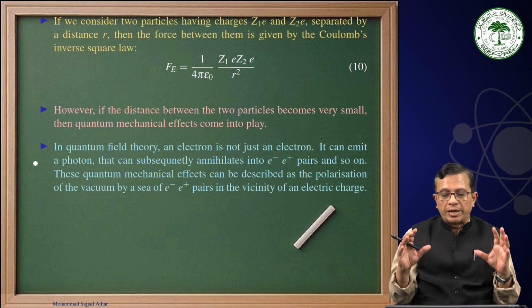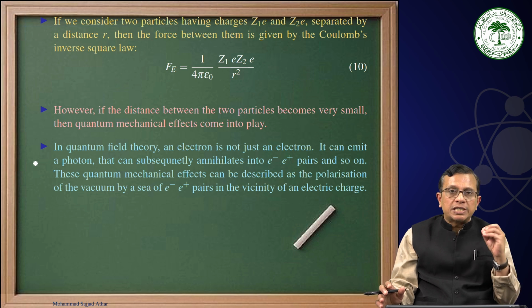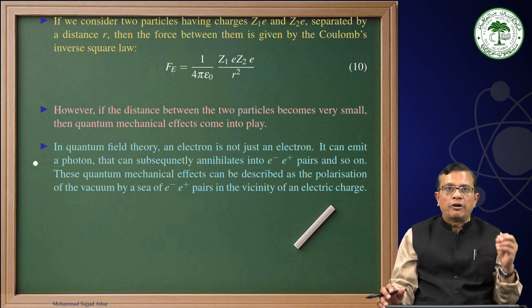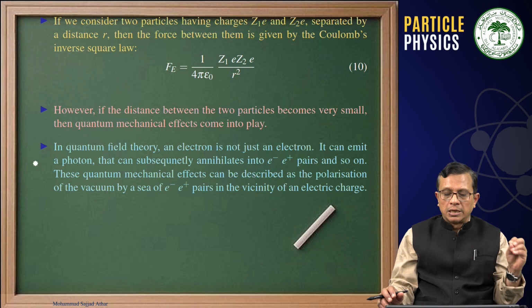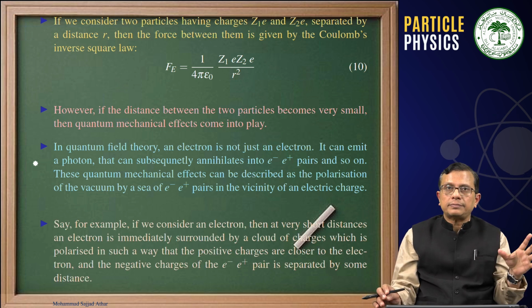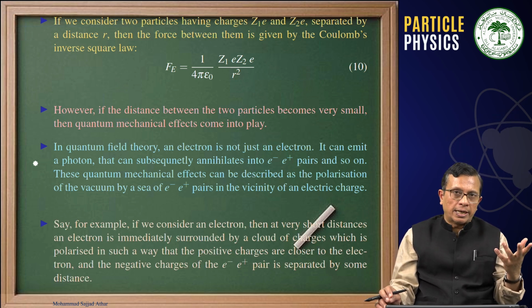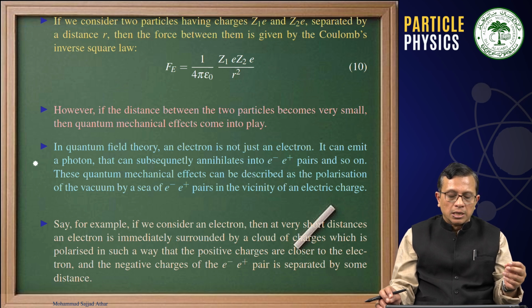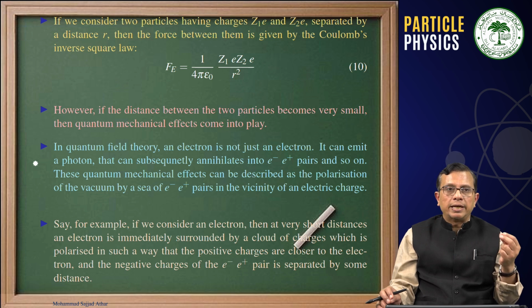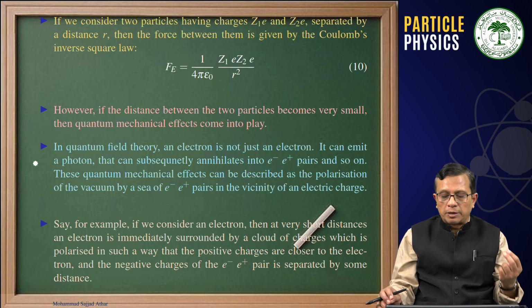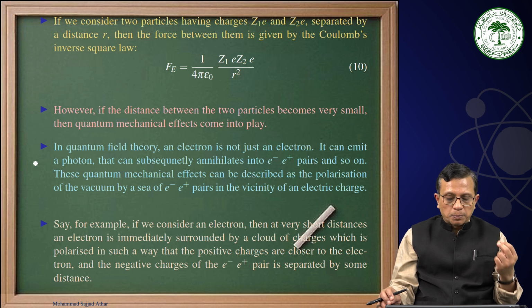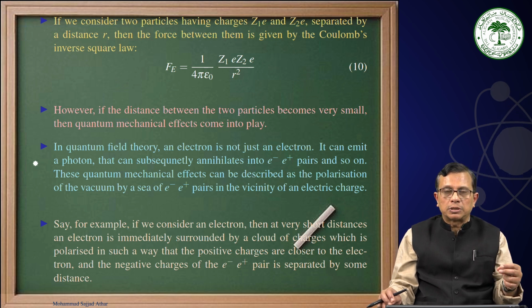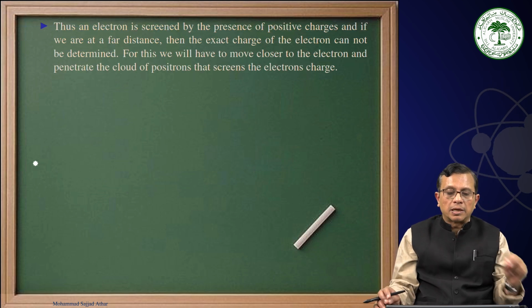These quantum mechanical effects can be described as the polarization of the vacuum by a sea of electron-positron pairs in the vicinity of the electric charge, for example an electron that we are talking about. At very short distances, an electron is immediately surrounded by a cloud of charges which is polarized in such a way that the positive charges are closer to the electron and the negative charges of the electron-positron pairs are separated by some distance.